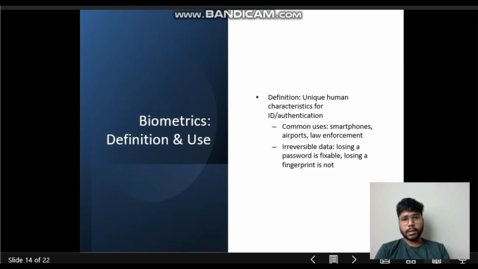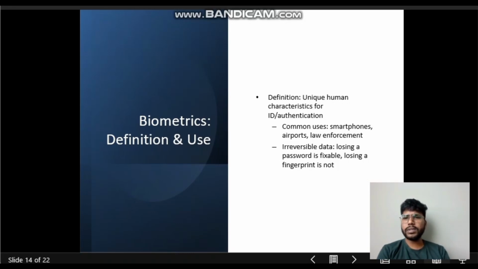So let's talk about this first, biometrics. Definition and the current use of biometrics. Biometrics involves using unique human characteristics such as fingerprints, facial features, iris patterns, and voice patterns for identification or authentication.